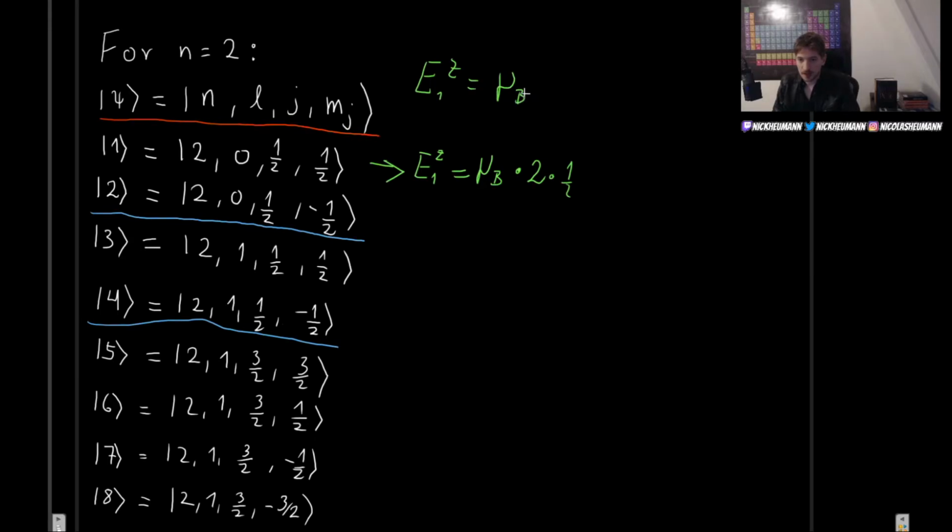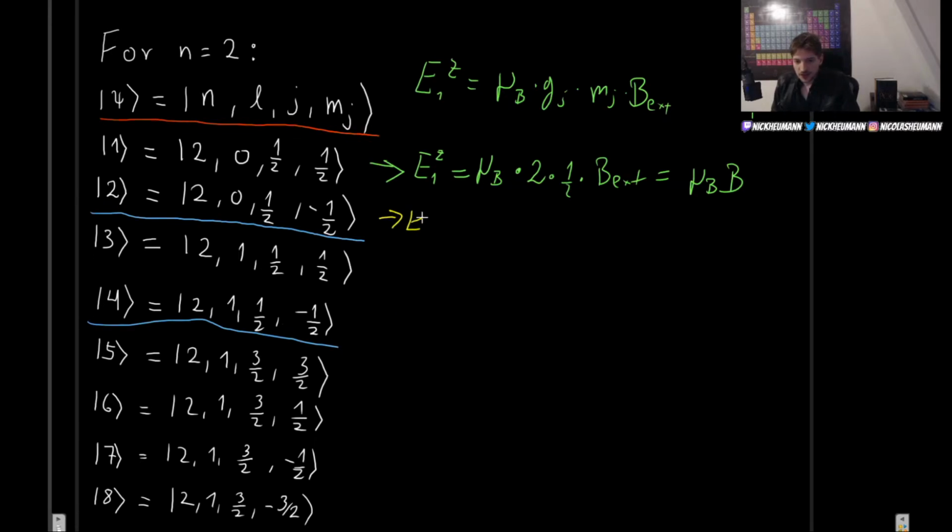So mu B times g_J times mj times B external. So this is simply the Bohr magneton times the magnetic field. I'm going to write the magnetic field as B because I'm lazy. I mean, there's no need to write the B ext for now.